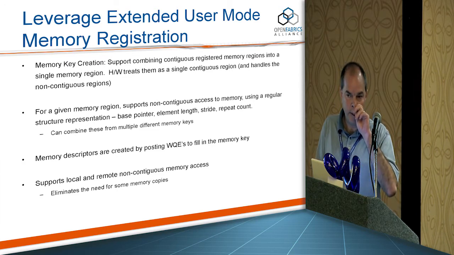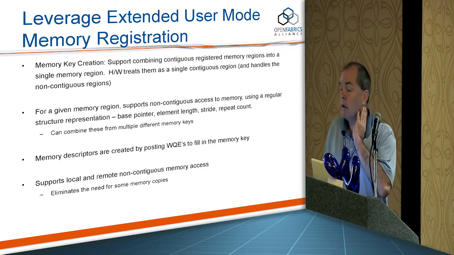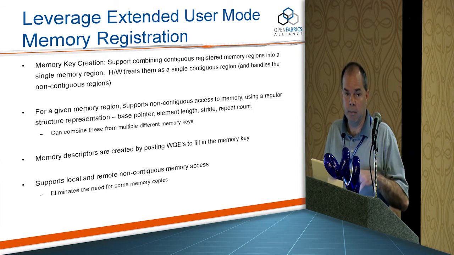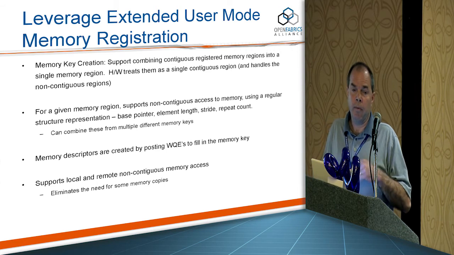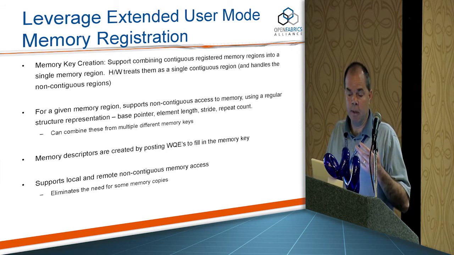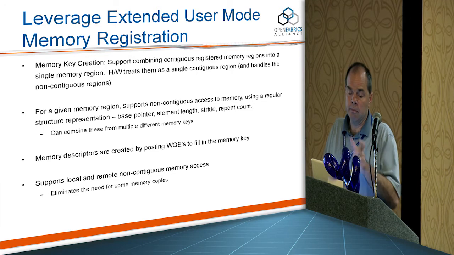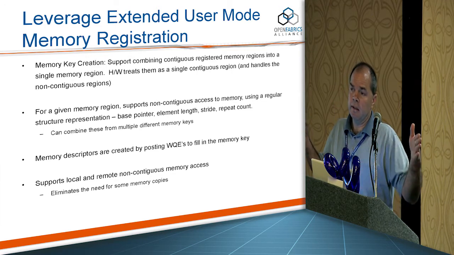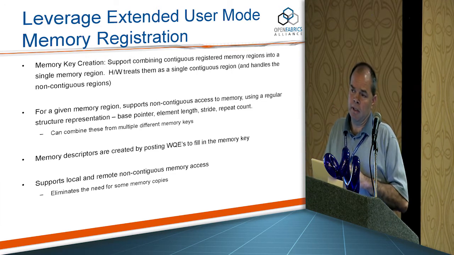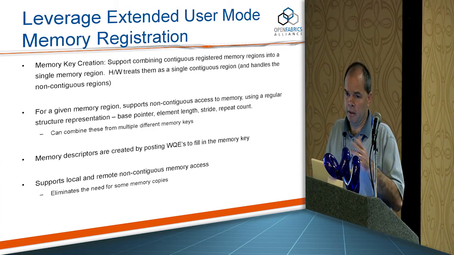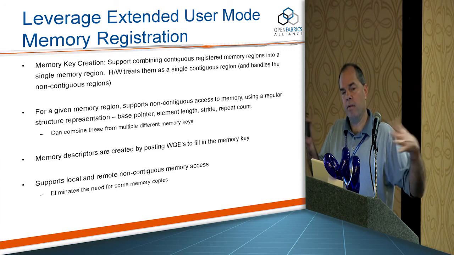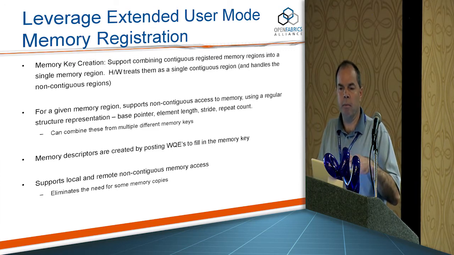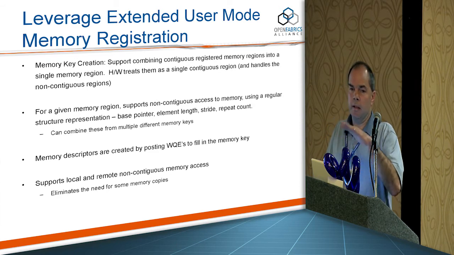No alignment restrictions exist whatsoever on the data, and I have a cartoon here that will describe this a bit better in just a moment. It also supports, in a very compact way, regular data representations. That is, data that can be represented as some base pointer, a size of an element that you're going to send, a stride between the elements, and the number of elements that you're going to send. So you have the ability to take non-contiguous regions of memory and define a memory key that describes that region.